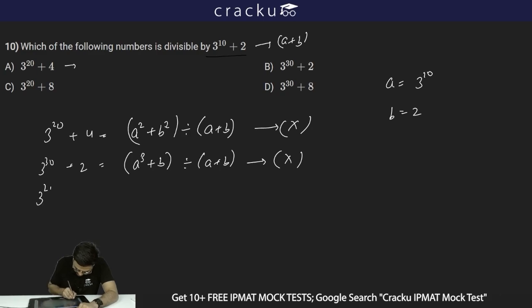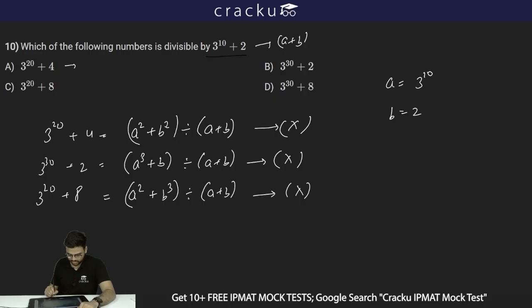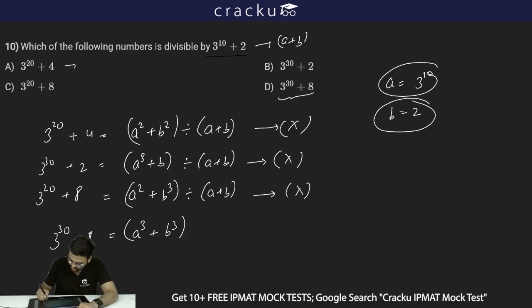Then we have 3 to the power 20 plus 8. Now 3 to the power 20 is a square and 8 is b cube. So a square plus b cube, is this divisible by a plus b? No, this is not divisible by a plus b. Then we have option D, which is 3 to the power 30 plus 8. So this is equal to a cube plus b cube. Is this divisible by a plus b?